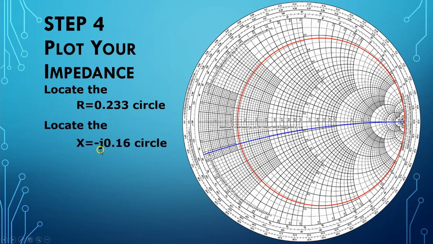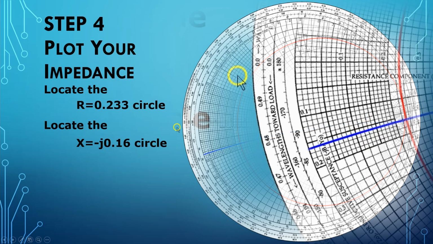Second, we need to locate the minus J 0.16 circle. Now, right off the bat, we notice that this is a negative sign out in front, which tells us it has to be in the southern hemisphere. And then we locate 0.16. So go out onto the outer edge.